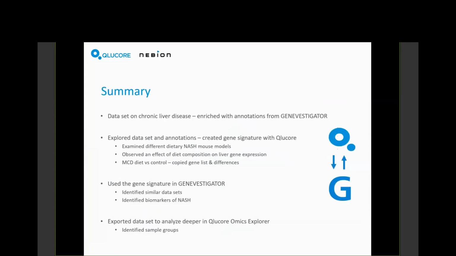We then imported the signature into Genevestigator, where we compared it to a whole compendium of other datasets, and this allowed us to identify similar datasets for further exploration. We additionally identified biomarkers of NASH in Genevestigator. And as a last step, we exported this single dataset that we identified to be interesting for further analysis in Qlucore's Omics Explorer.